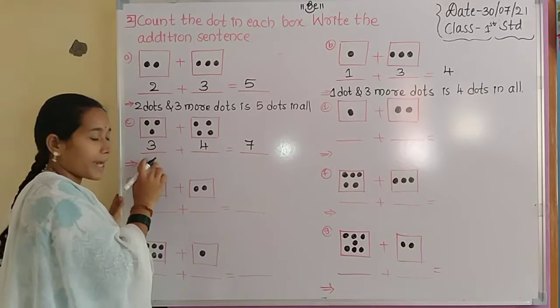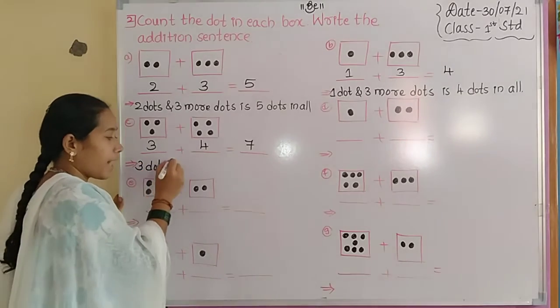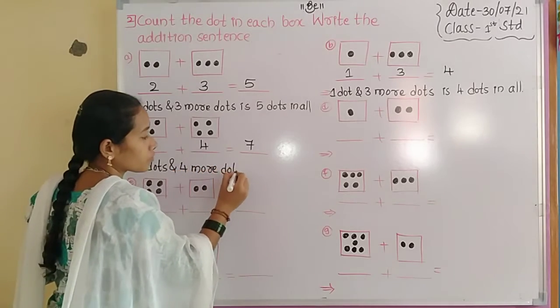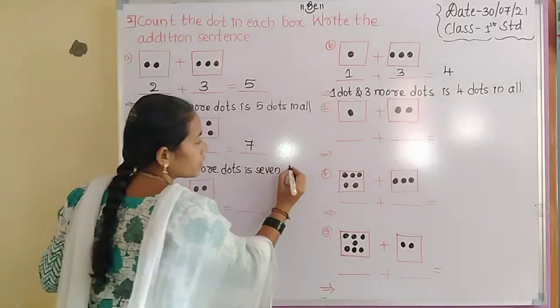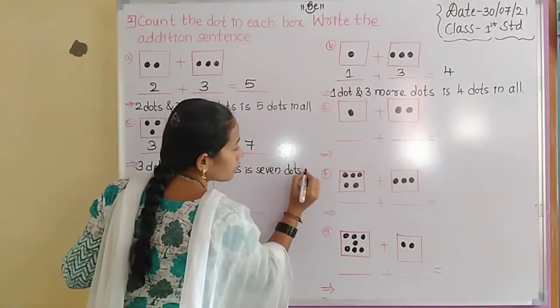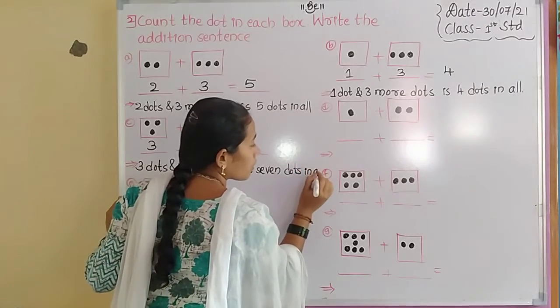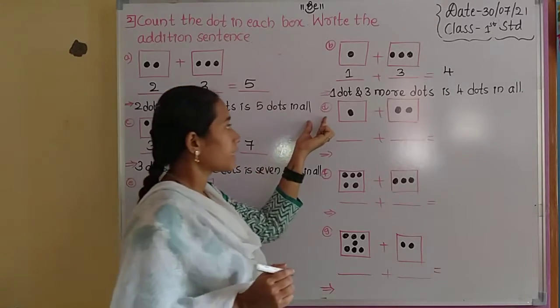First write the first addend, that is 3 dots, and 4 more dots is 7 dots in all.